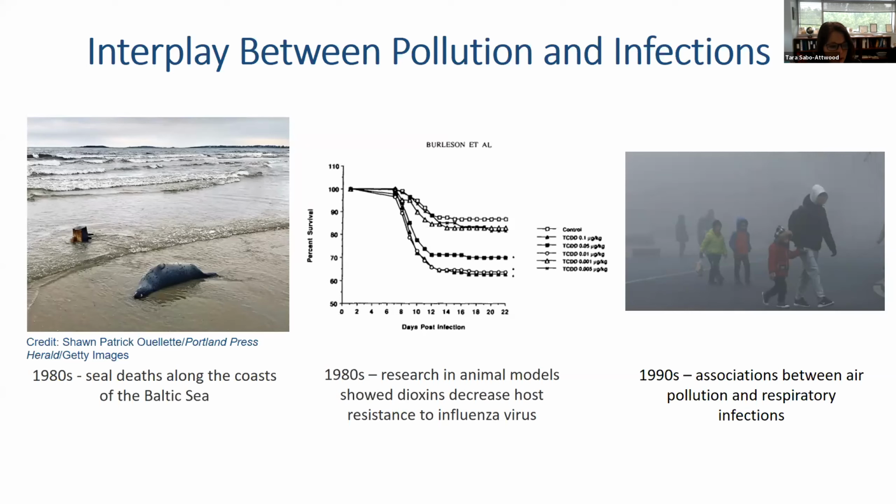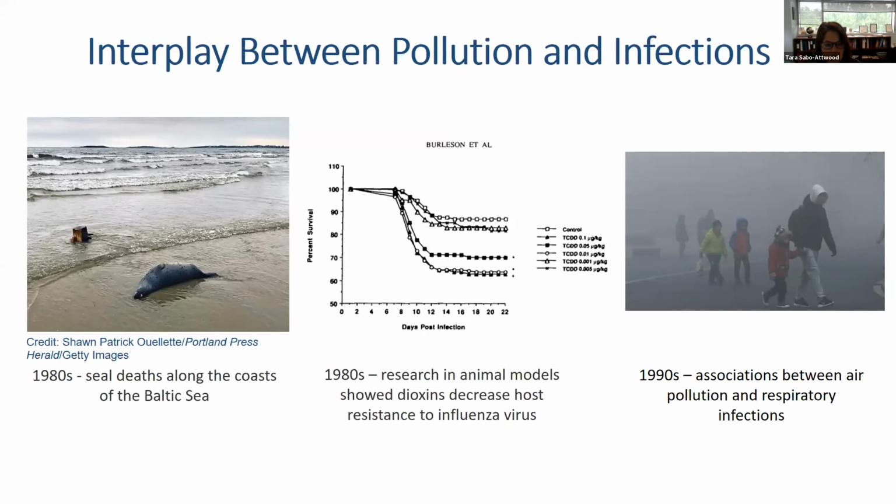We now know that. But there's a couple of things that were important to note about the environment that the seals were in. And one is that the aquatic environment was heavily polluted with persistent organic pollutants and a variety of them. So there was an opportunity for these seals to be exposed.